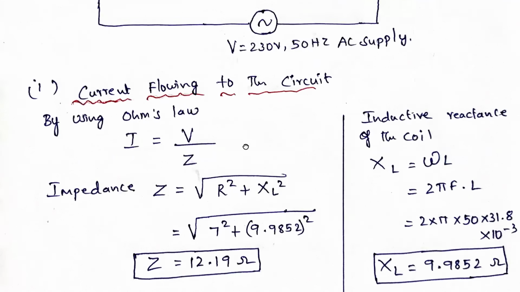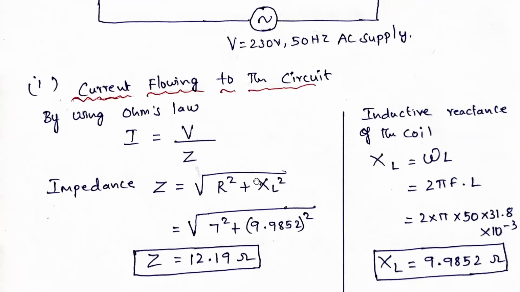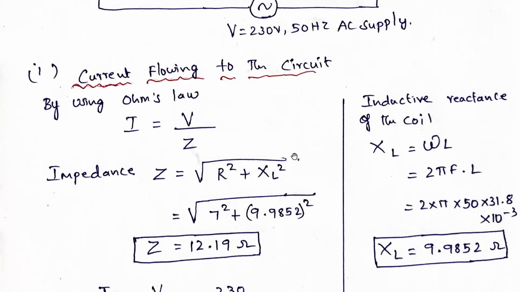Now the resistance value we know, but only the inductance value is given in the problem. So we need to calculate the inductive reactance of the coil. How to calculate it? XL is equal to omega L, where omega is nothing but 2 pi F. So 2 into pi into F, which is 50 hertz, into the inductance 31.8 millihenries.